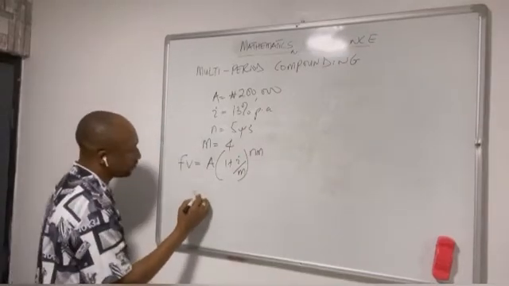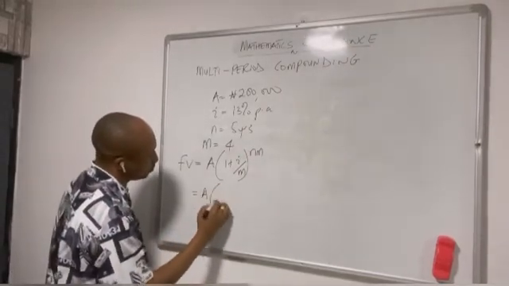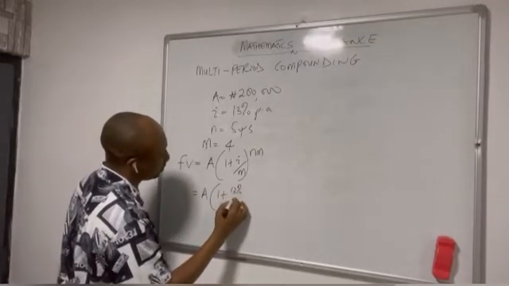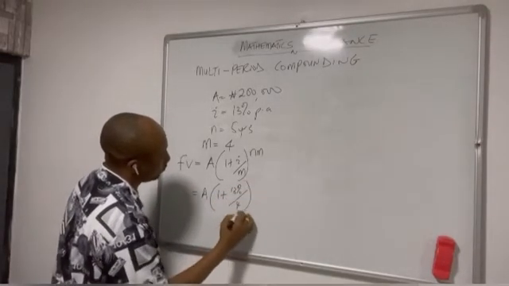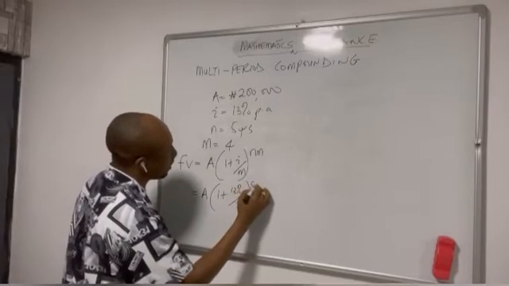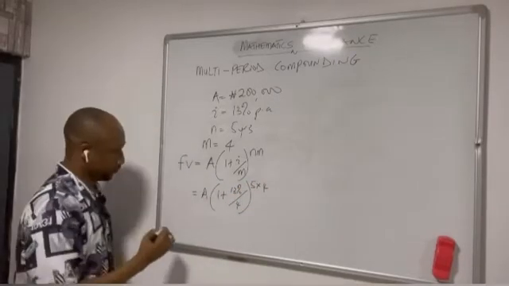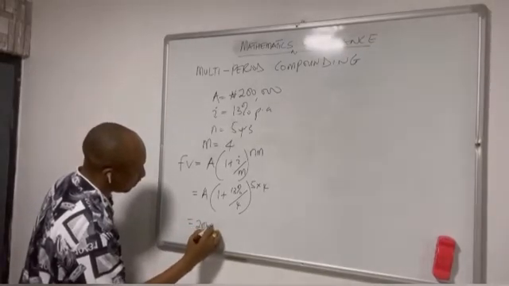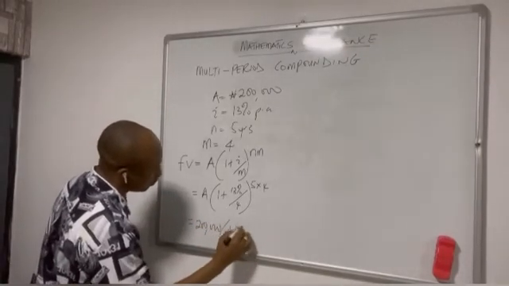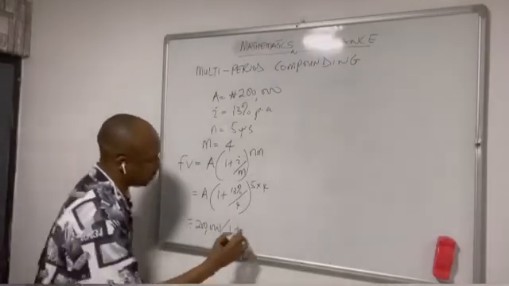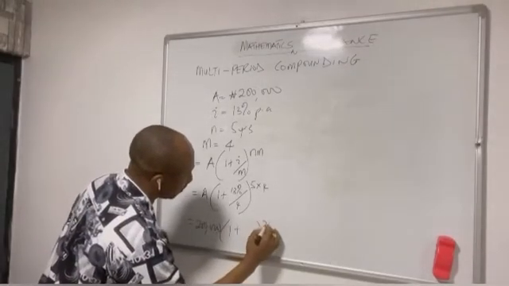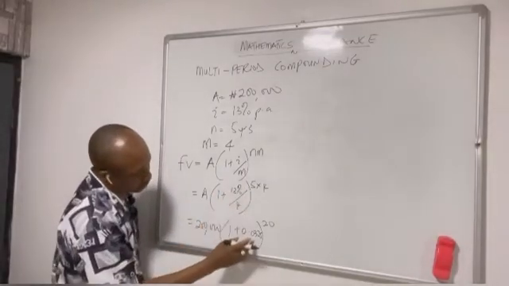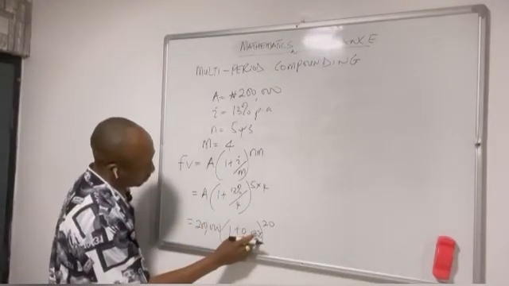So what we have is amount into 1 plus 13% divided by 4 raised to power 5 times 4. So that gives us 200,000 into 1 plus 13% divided by 4 raised to power 20. Once we divide 13% by 4, we have 0.0325.